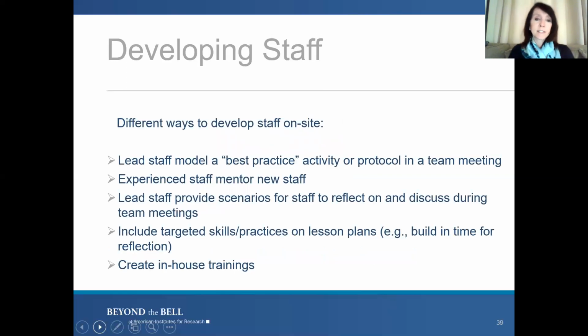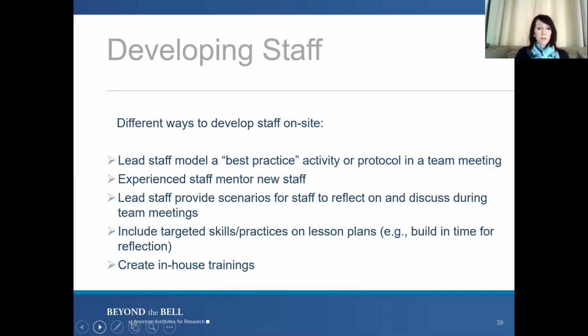All right, different ways to develop staff on site include: lead staff can model a best practice activity or protocol in a team meeting, or any staff that's proficient at an activity or a protocol can certainly lead that activity in a team meeting.